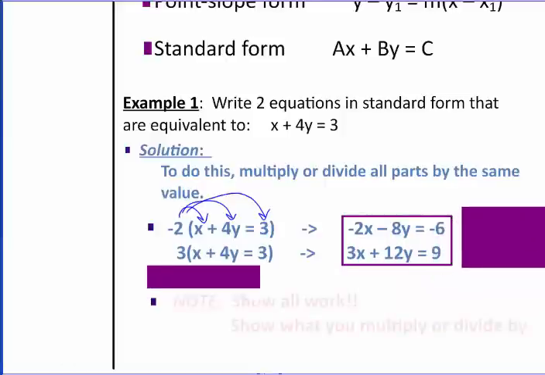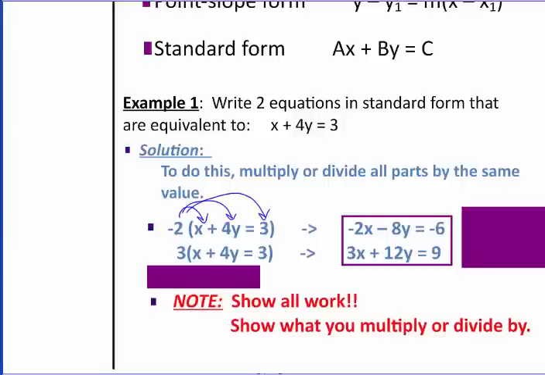I can put up a note down here at the bottom. When you are rewriting your equations, you need to show all your work and show what you are multiplying or dividing by. What I'm asking for is this step here. You have to show this and how you're getting to this part.